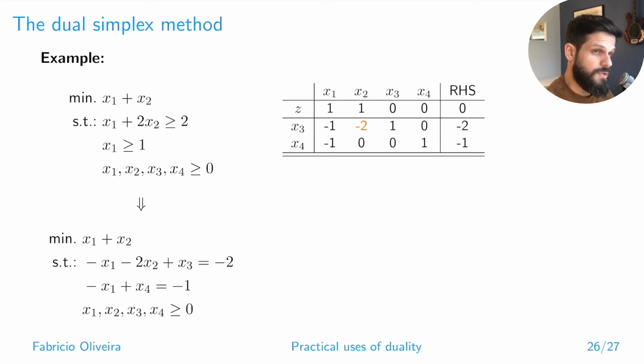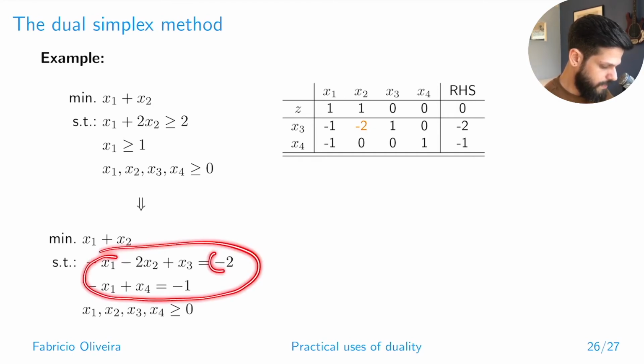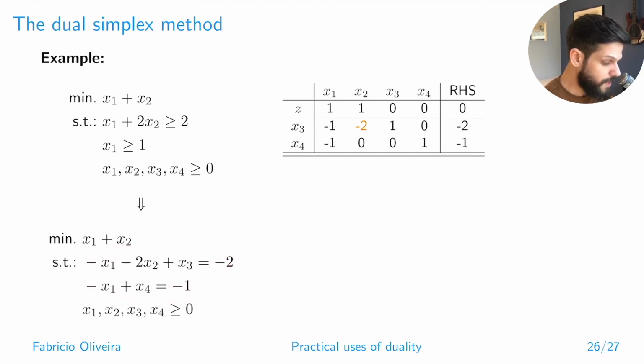So they become less or equal than constraints, and I can add slacks with positive coefficients. So I get what is here, -2 here and -1 here. Before I couldn't do this because this would be infeasible and primal simplex requires primal feasibility. But now, because I don't care about primal feasibility anymore, I can do this.